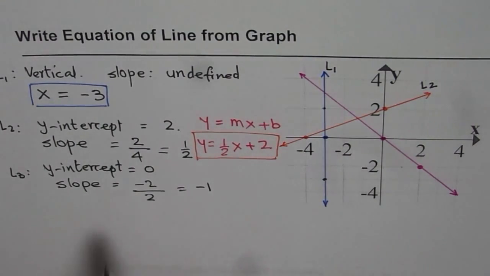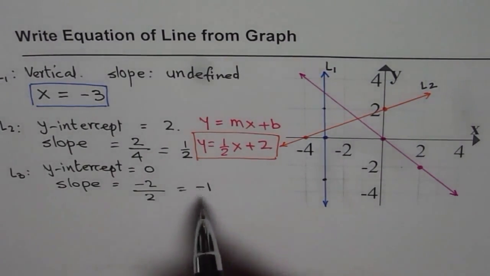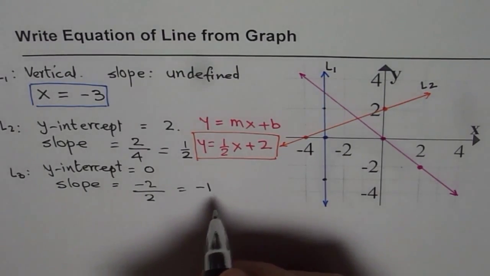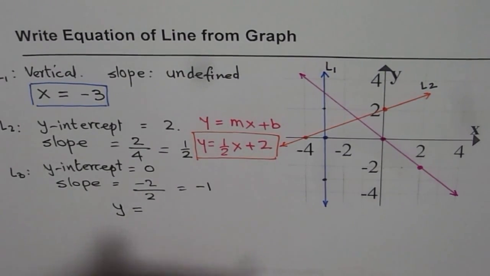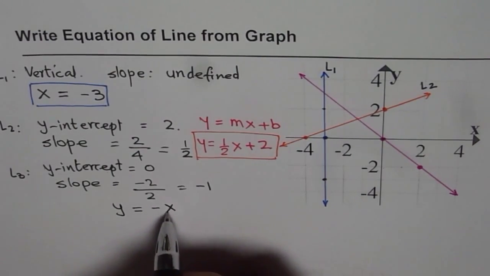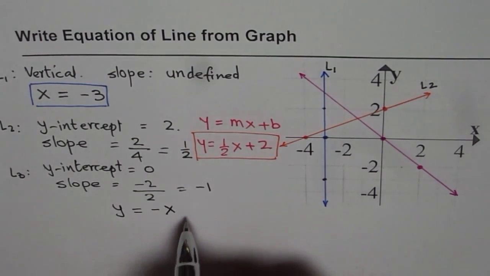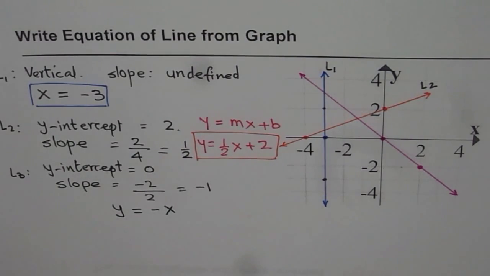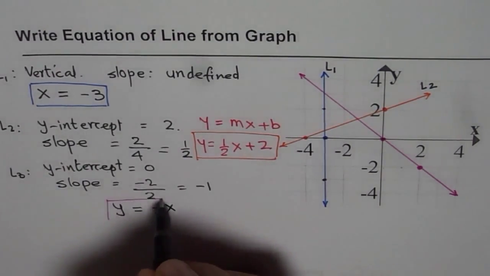Now since the y-intercept is 0 and the slope is minus 1, we can write this equation as y equals minus 1x, or just minus x, plus 0, so no need to write 0. So y equals minus x becomes the equation of this particular line.